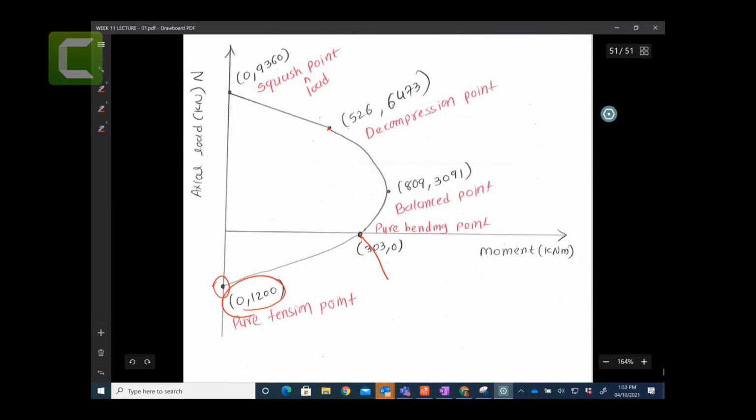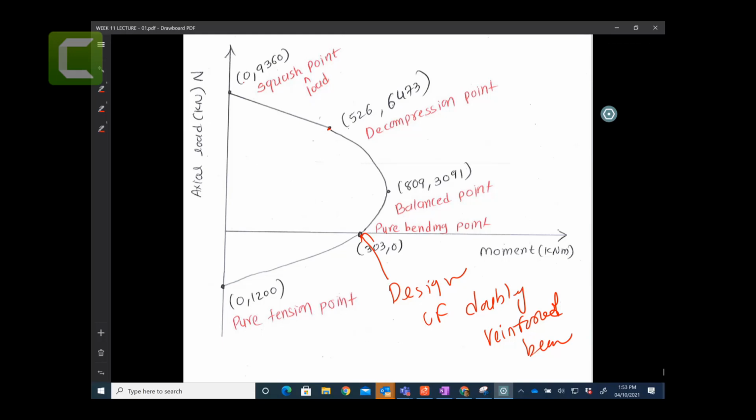This point is the design of a doubly reinforced beam. If you know all the details, you can design the reinforced concrete, and the axial force is 0 here, so only the moment that we need to calculate.